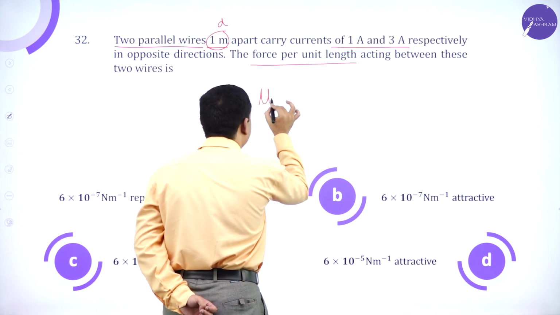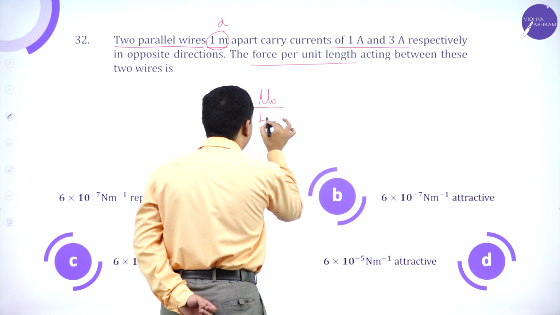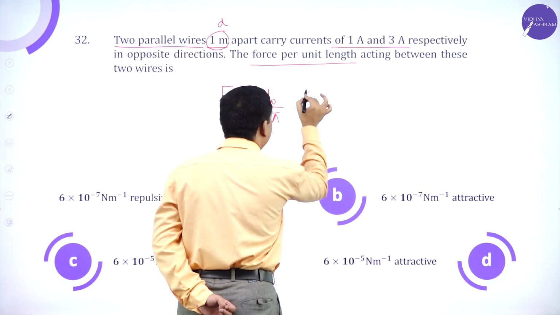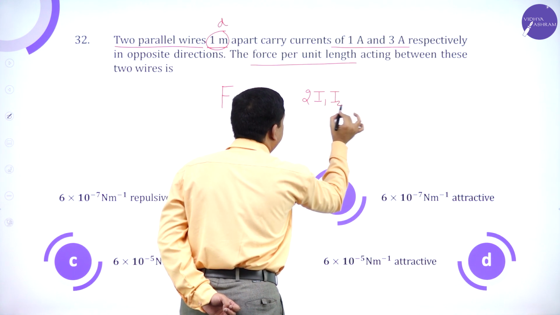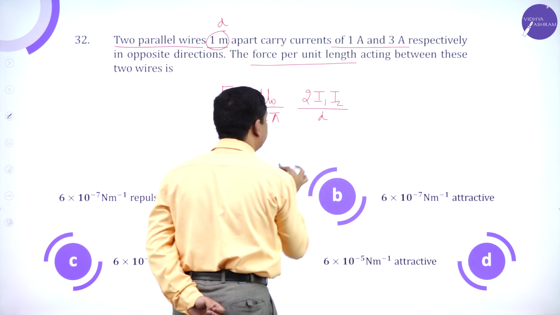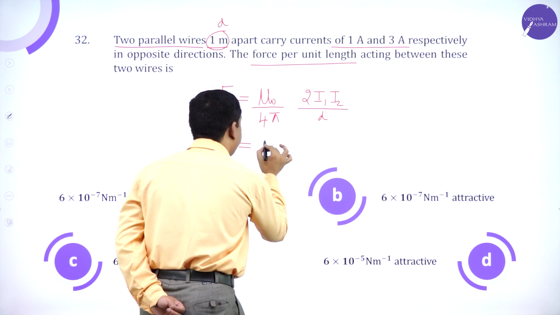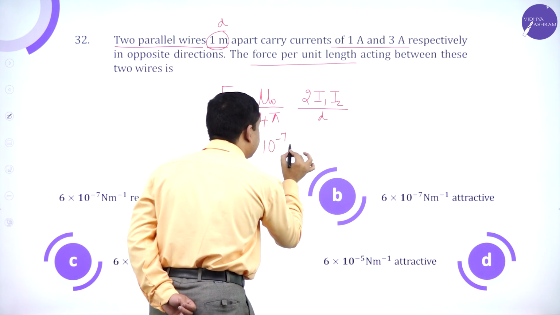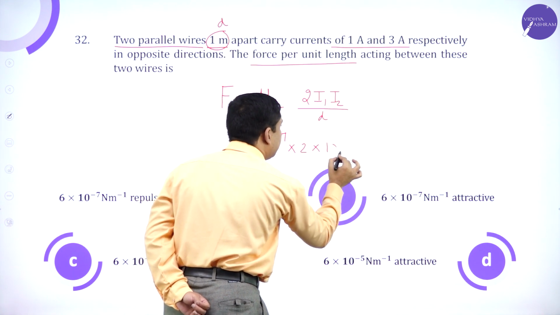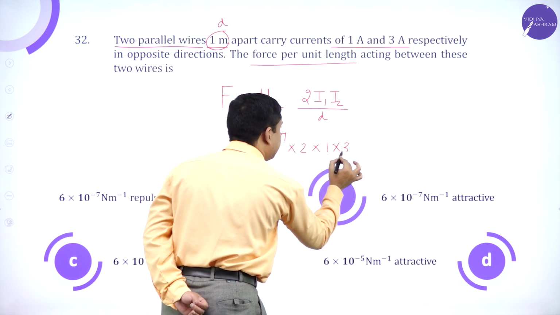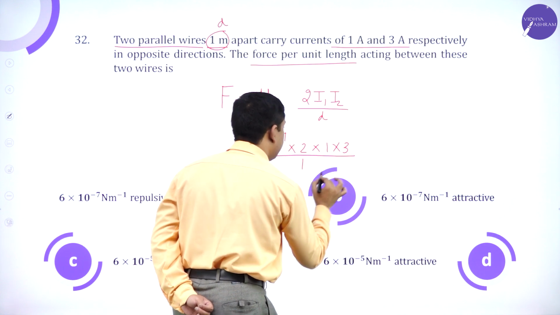So this is mu naught by 4 pi into 2 I1 I2 by D. Mu naught by 4 pi is 10 power minus 7. 2 into I1 is 1, I2 is 3, by 1.